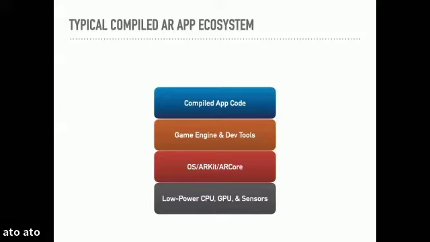Oftentimes you've got a game engine or dev tools or middleware assisting you with out-of-the-box functionality to create great experiences, and then you've got your code as a developer compiled to run on this entire stack. And the beautiful thing about all this is that your code often has great access to all of these levels below it, whether it be libraries like ARKit and ARCore, or access to the sensors, or a lot of experience functionality provided by the game engine.